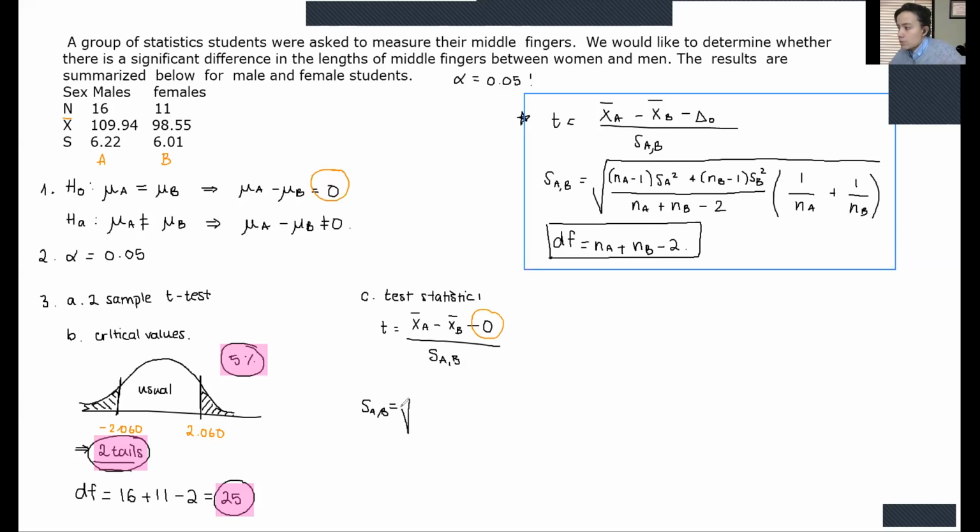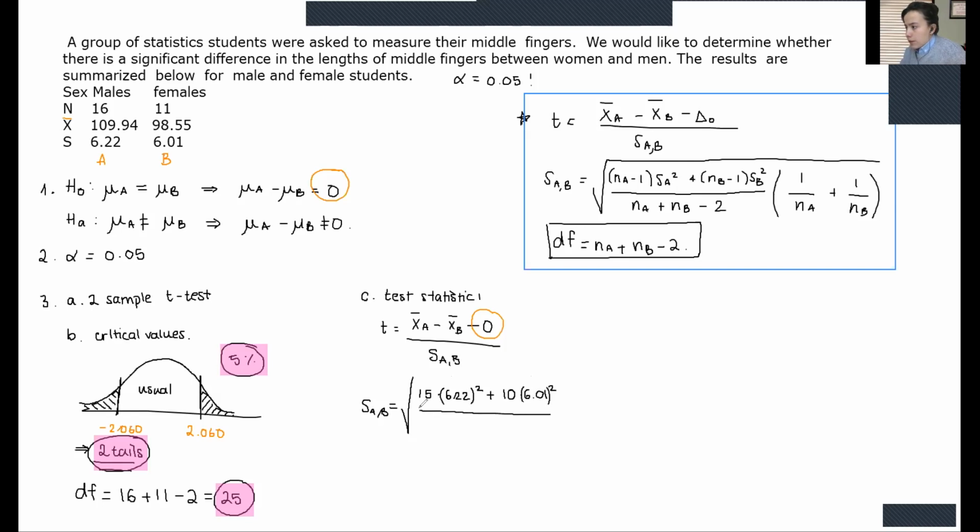And so I'm going to have to plug all of this into my calculator. First, sample size for the first sample minus 1, so that's 15, times SA squared, so standard deviation for the first sample, which is 6.22, squared, plus sample size for the second sample, which is 11 minus 1, so that's 10, times standard deviation for the second sample, which is 6.01, that thing squared.